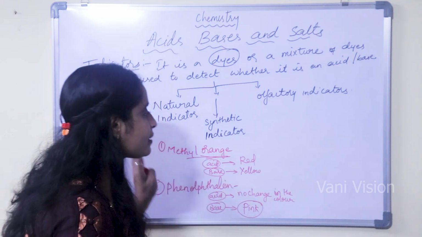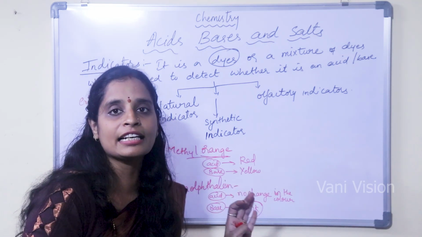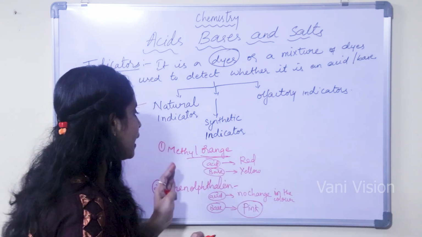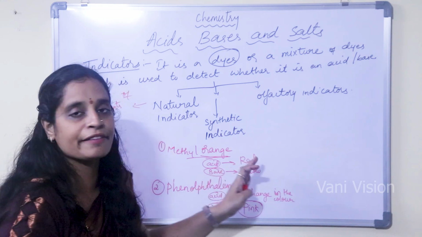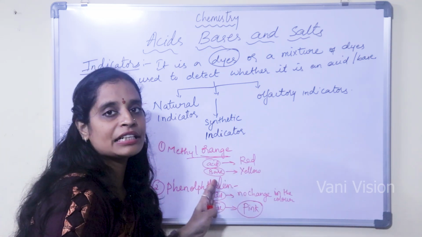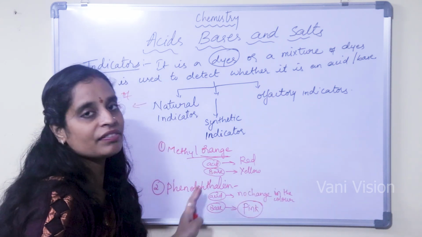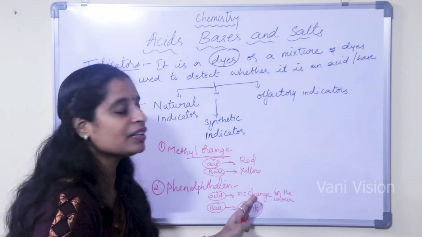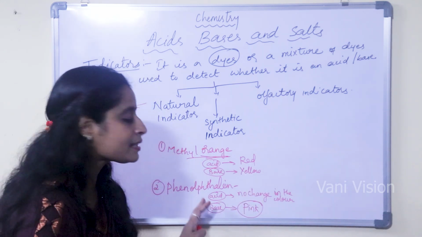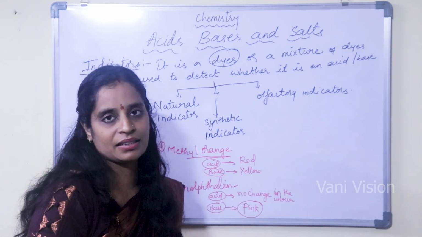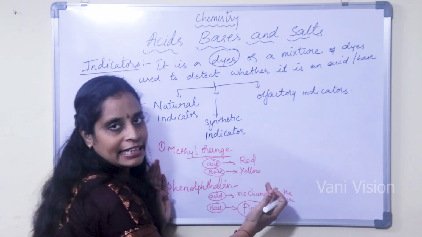Remember that. These are the synthetic indicators. What are the two synthetic indicators we discussed? Methyl orange gives red color in an acid and yellowish color in a base. Phenolphthalein gives no change in color in an acid and turns pink in a base. So this is about the synthetic indicators.